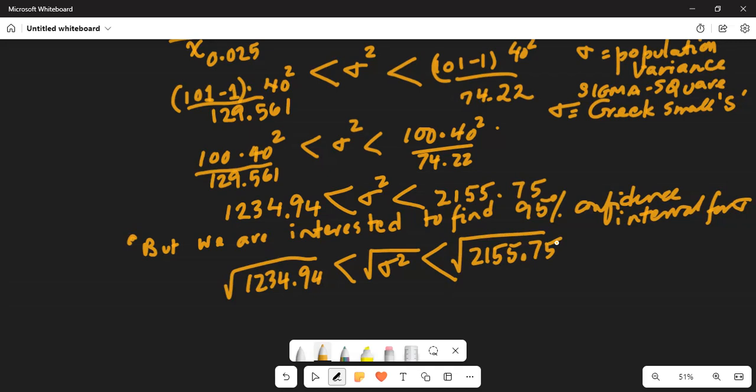So let's take the square root: we press the second button, then x squared, which is in the first, left-hand column. This is a TI-84, and it gives me the square root. Inside the square root, type 1234.94 and you get 35.14 less than the square root of sigma square, which is sigma, the standard deviation.